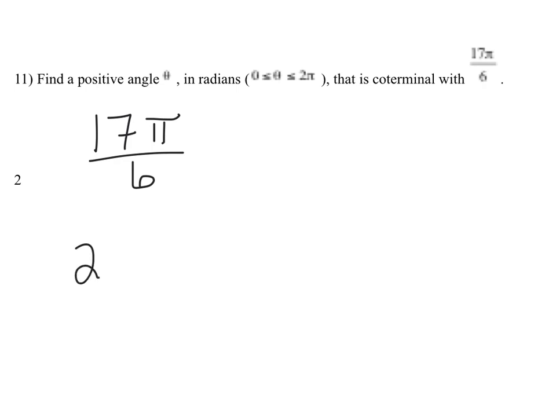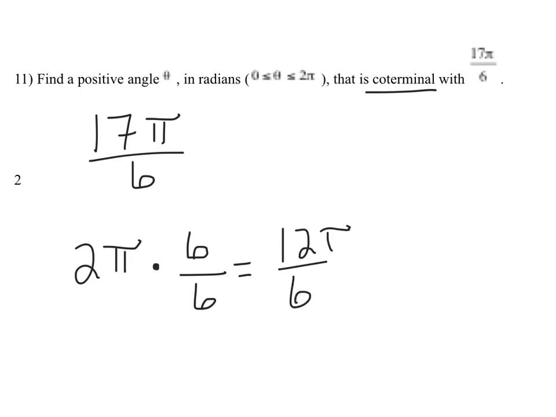I need to add or subtract 2 pi from the 17 pi over 6 in order to get my coterminal angle. And so I need to convert this 2 pi so that it has a denominator of 6. So I'm just going to multiply it times 6 over 6. And when I do that, I get 12 pi over 6.